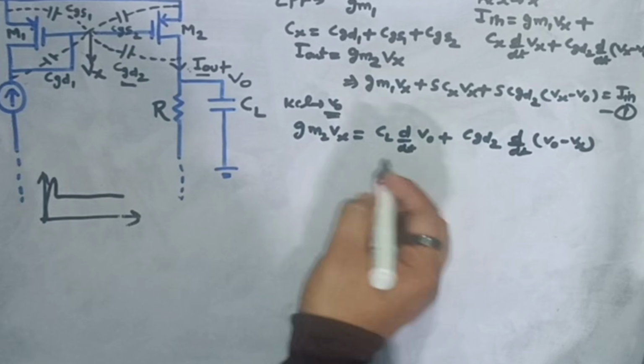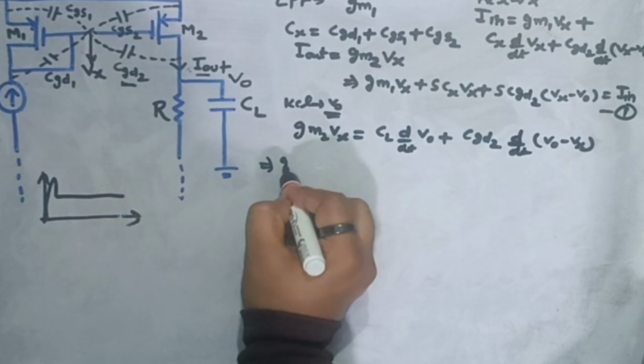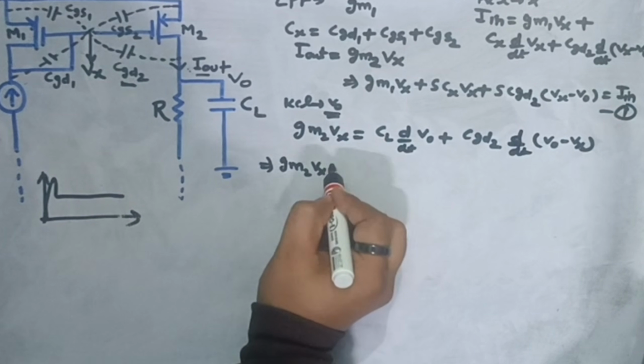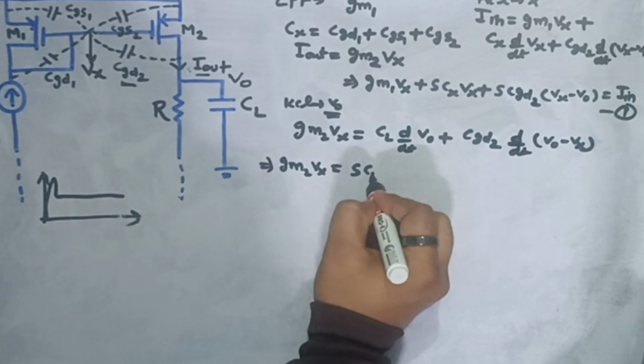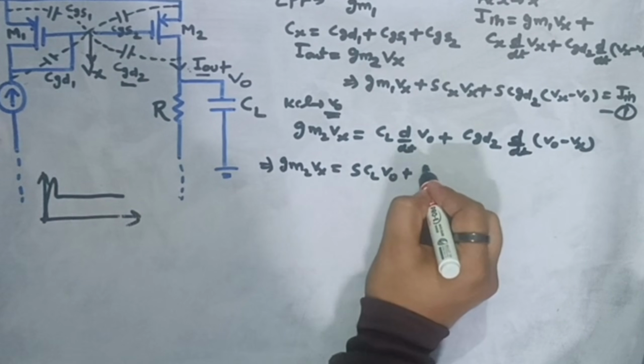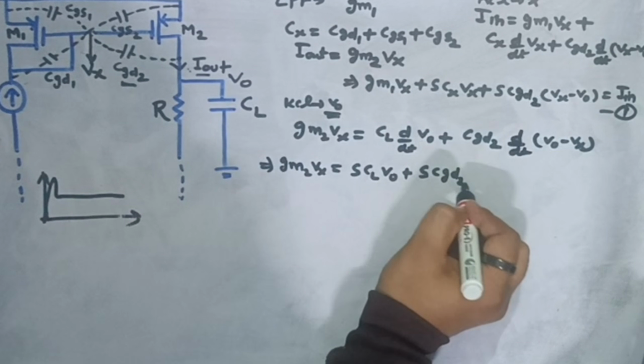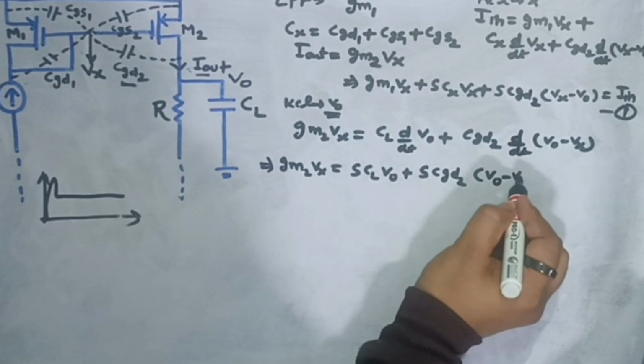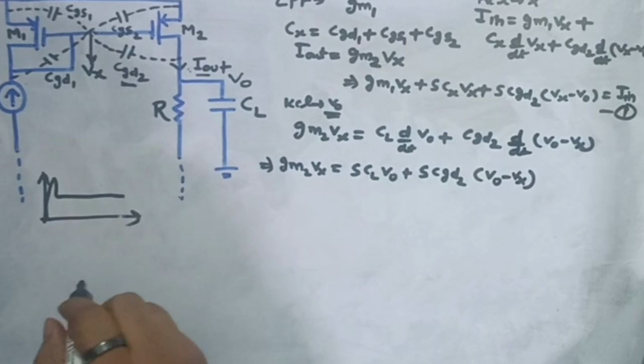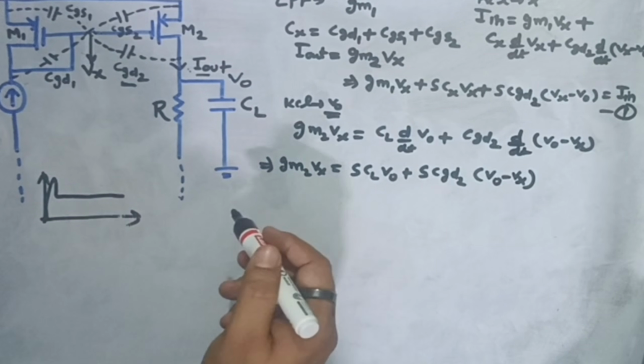Now again, if we write in Laplace format, it will be gm2 into Vx equals s CL V naught plus s CGD2 into (V naught minus Vx).